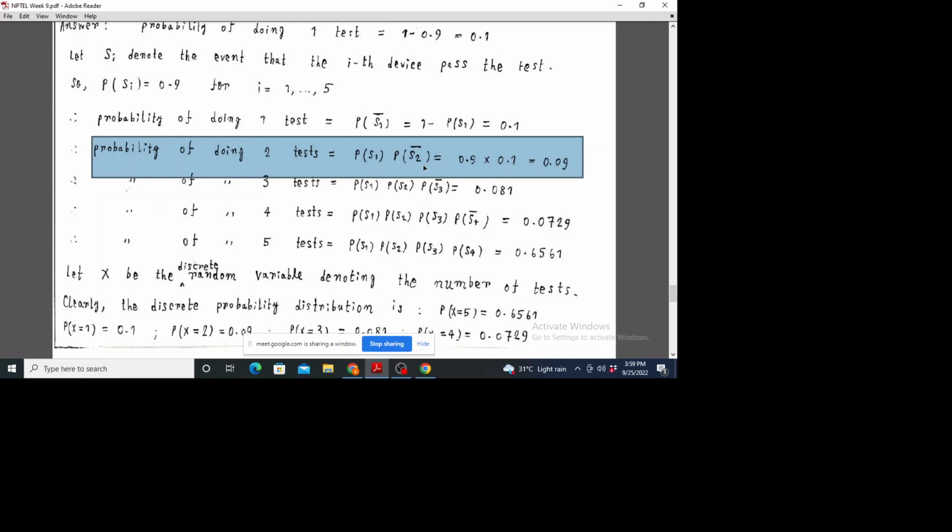The probability for that is 0.9 multiplied by 0.1. And why do we multiply? Because these are independent events: passing of device 1 and passing of device 2 are two independent events, so the intersection probability is just the multiplication of these two probabilities.